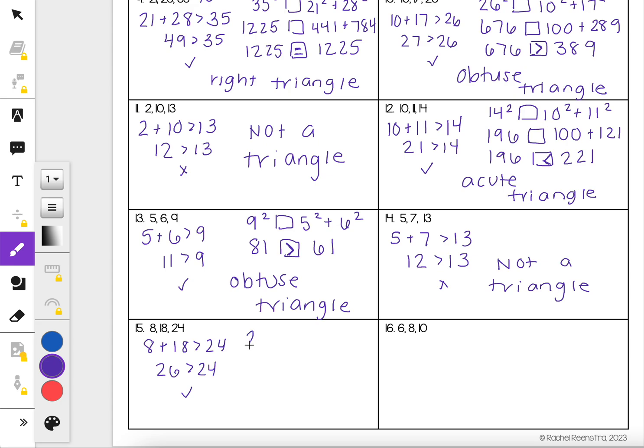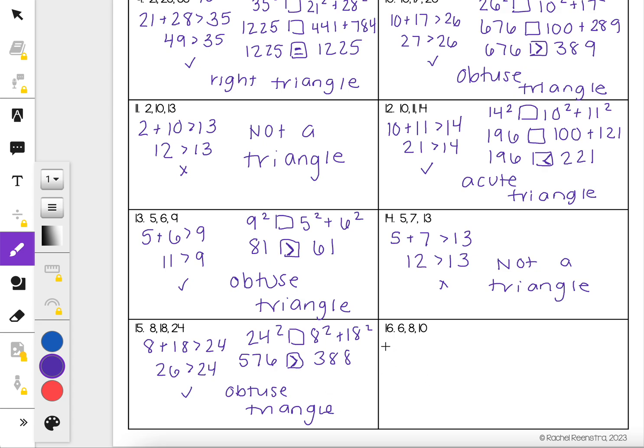We're good to move on. So 24 squared is going to have some relationship to 8 squared plus 18 squared. All right, 8 squared plus 18 squared is 388. This is a greater than symbol, so we have another obtuse triangle.